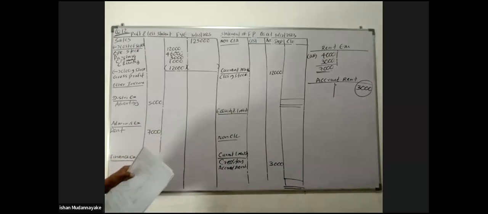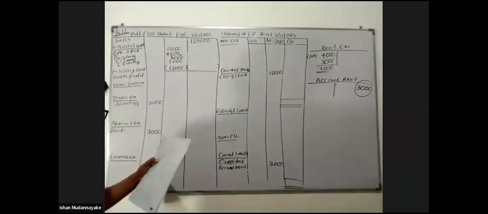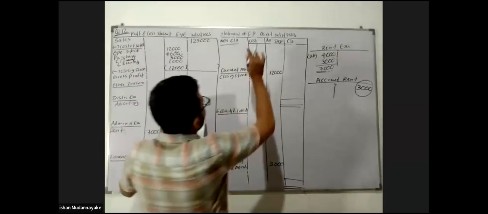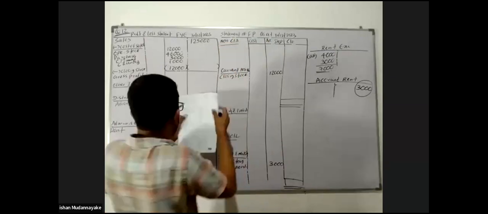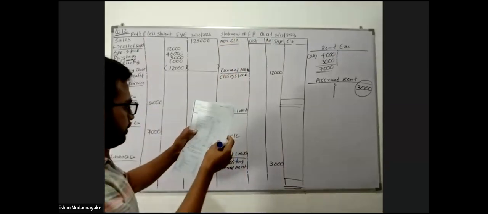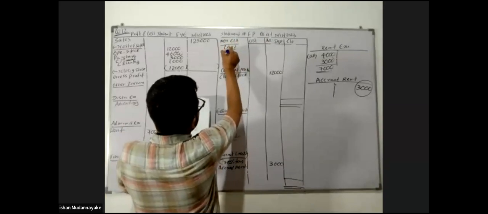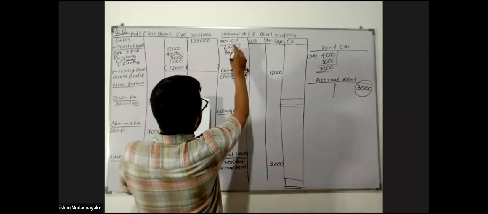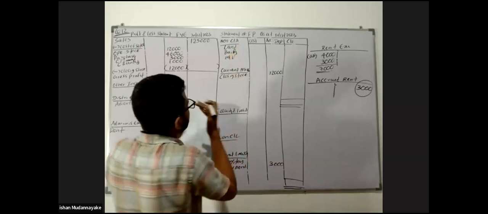Then buildings are recorded under non-current assets in the cost column. At first we will write down land, building, motor vehicle.